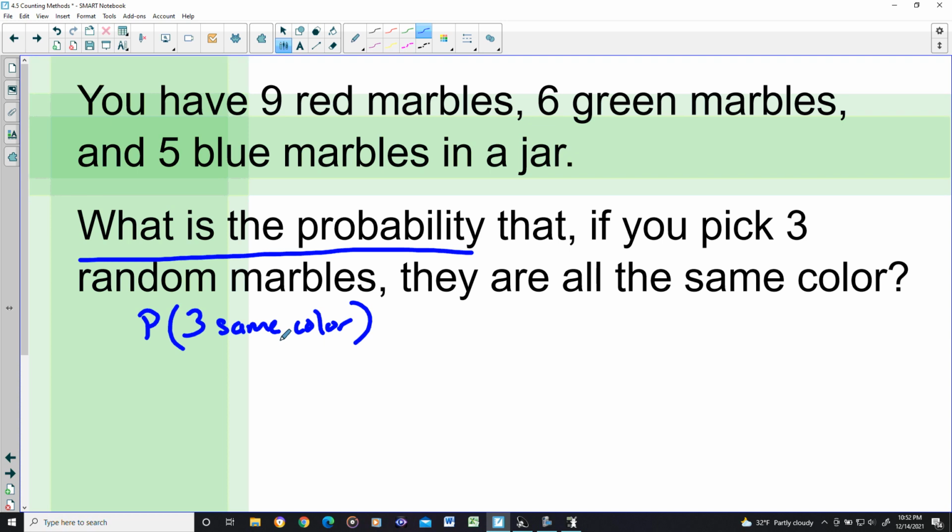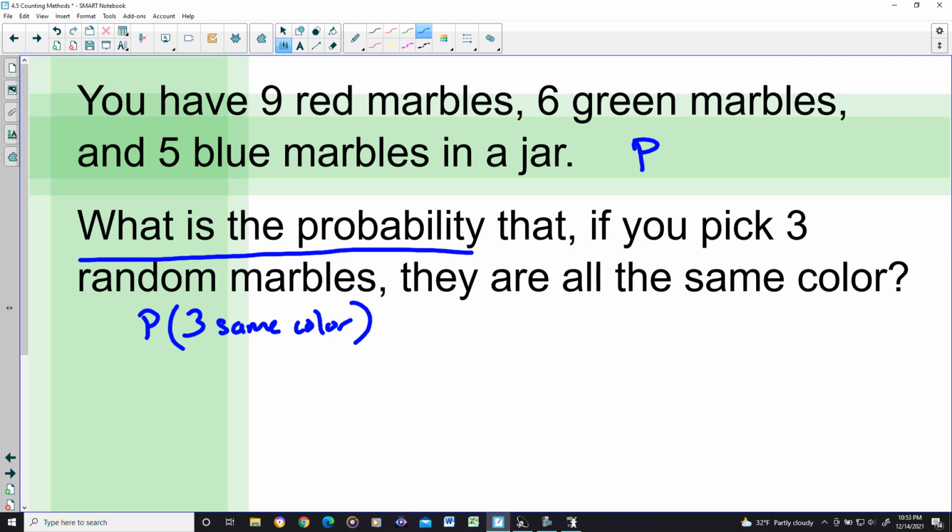So now what we need to do, remember that probability requires us to have counts. We have to be able to count things. That's why we have to be able to do all the nPr, nCr notation first. So let's ignore probability and just count how many different things can happen.